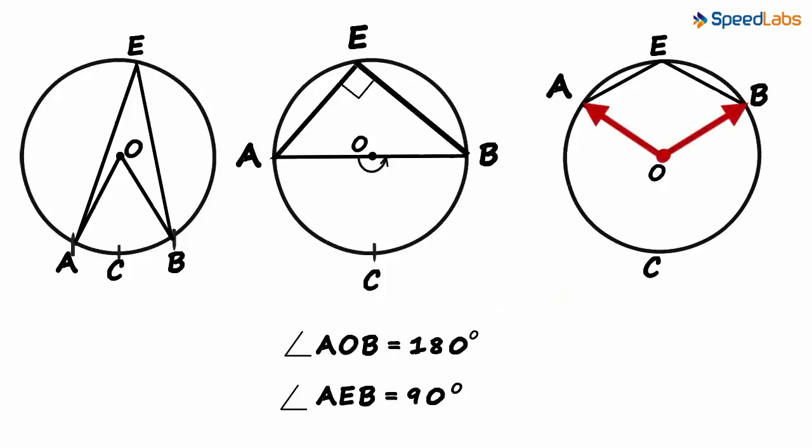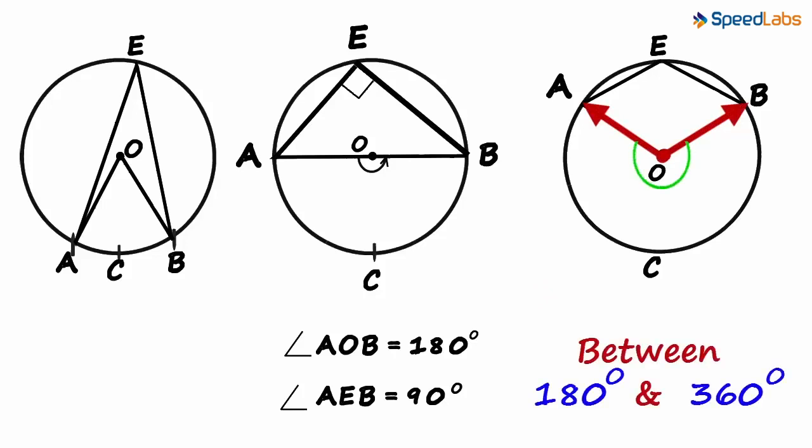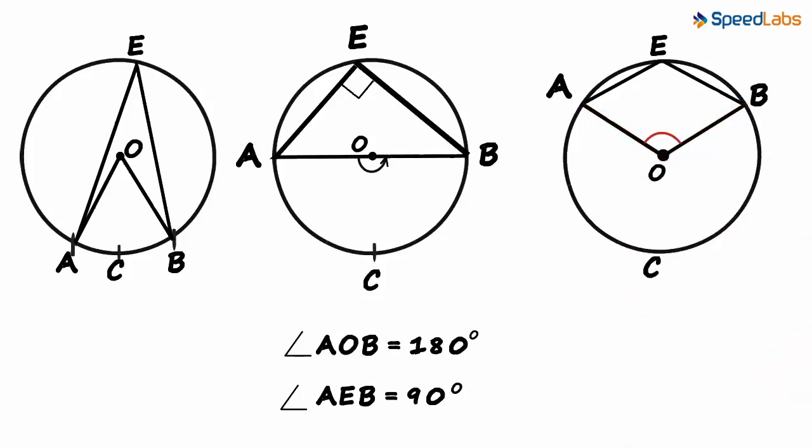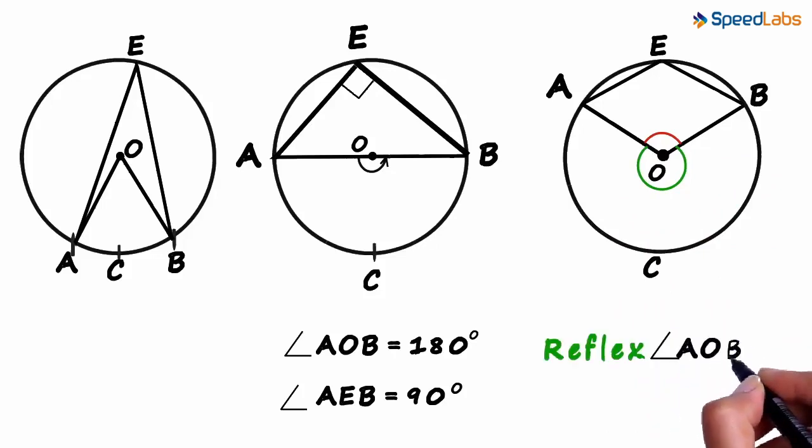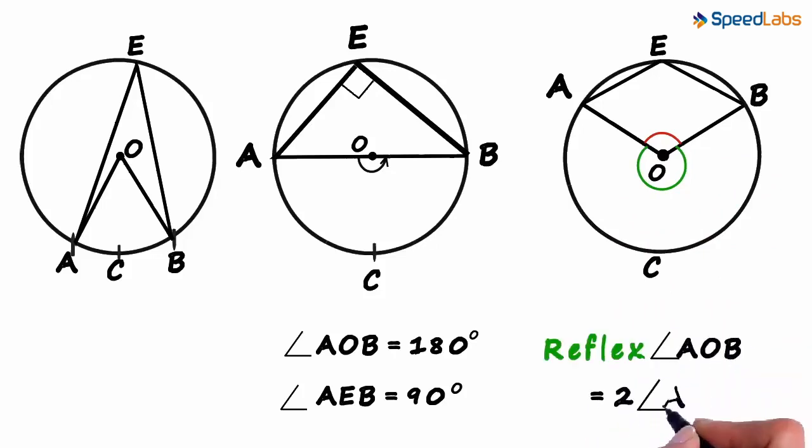The angle AOB we see in here is a reflex angle, which means it is between 180 and 360 degrees. So when we say angle AOB, it can be confused with this red angle, while the angle you're looking at is actually the green one. So in your final line, instead of angle AOB, you will need to write reflex angle AOB is equal to twice angle AEB.